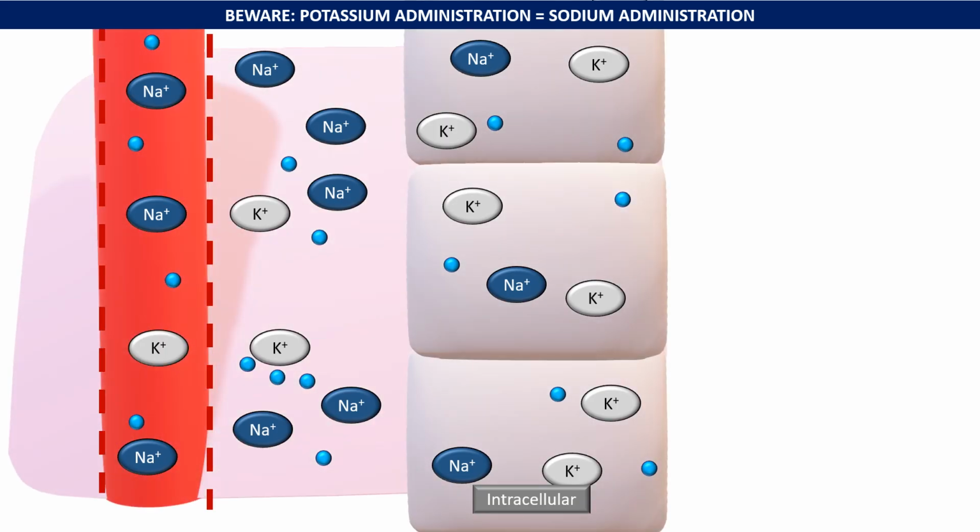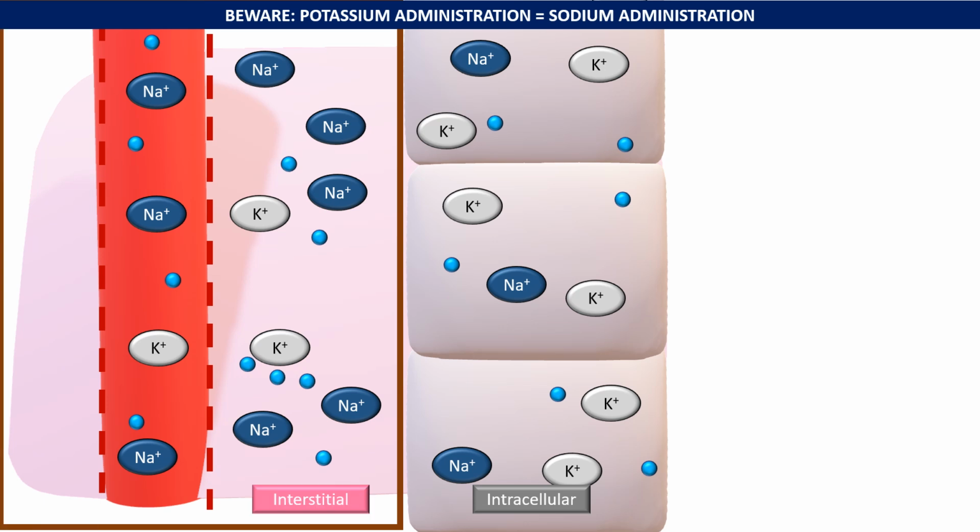This is a cartoon representing intracellular and extracellular space, where the extracellular space consists of interstitial and intravascular space. Remember, potassium is an effective solute and is predominantly an intracellular cation. When a patient is given potassium supplement, potassium will enter the cells.